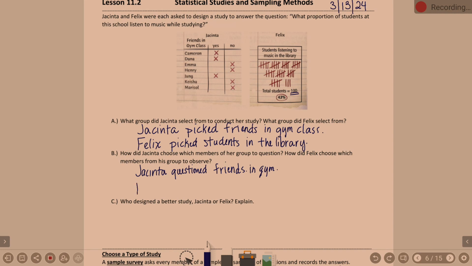Whereas Felix could be questioned, right? Also could have been observed. It doesn't specify. We don't know for sure. But he gathered information about all students in the library. So I'm just going to use the word questioned.